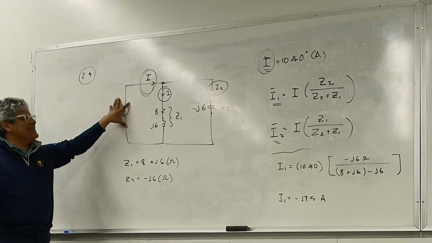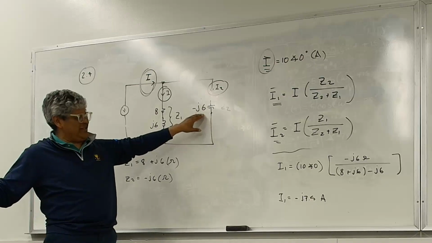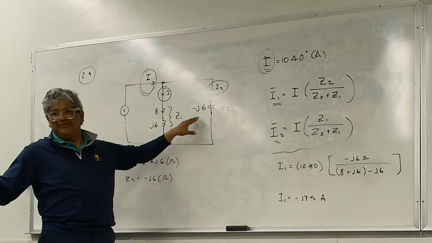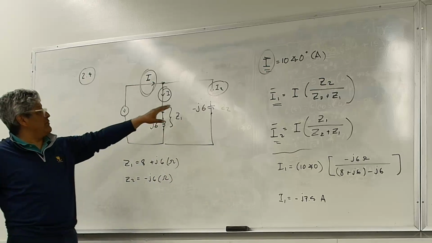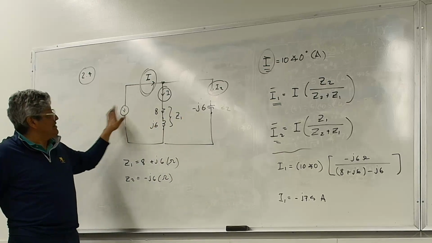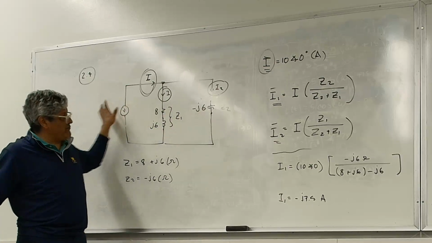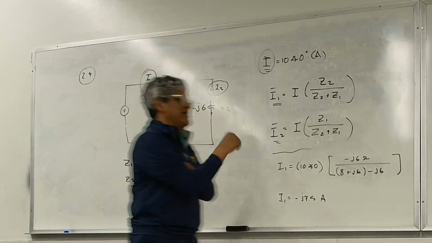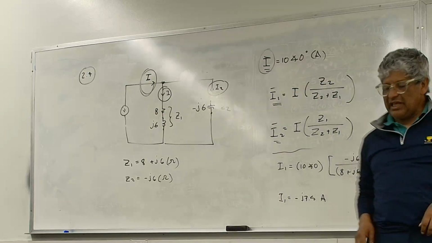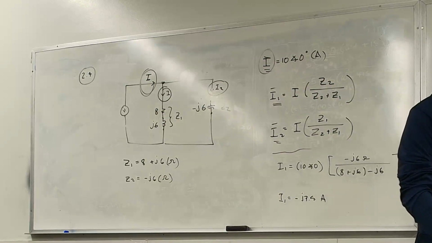So, let's think about it. Just think about this current for a second, okay? This current right here, in reference to this voltage. I'm saying if I have a capacitor, let me see if I drew it here.